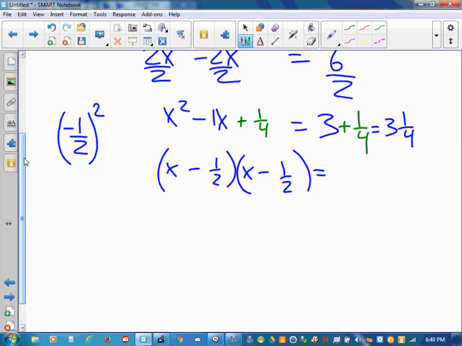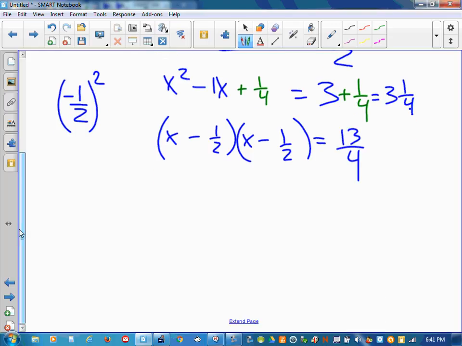Now, this works better if it's an improper fraction instead of being a mixed number like it is right now. So I'm going to change it into an improper fraction. 3 times 4 is 12, plus the 1 on the top is 13/4. All right, rewrite. X minus 1/2 squared is equal to 13/4.